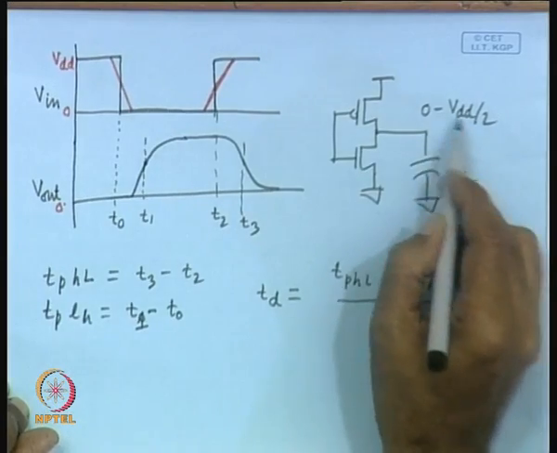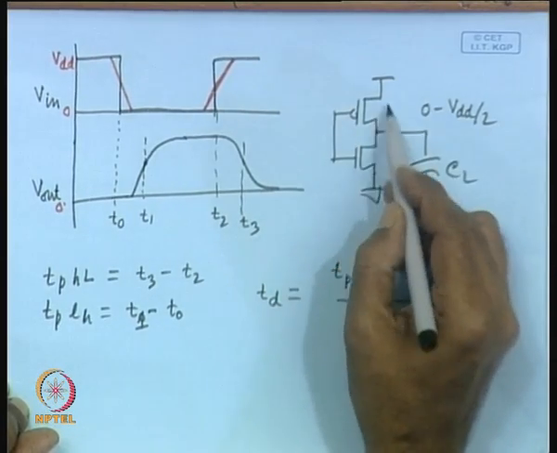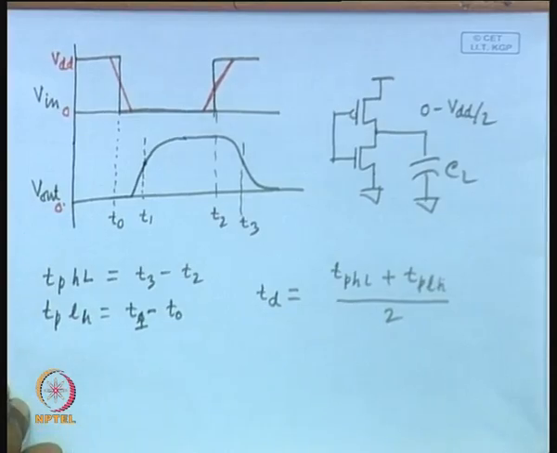Since it is varying up to VDD by 2, we may assume that this transistor is in saturation, and as you know, when a transistor is in saturation, the current remains constant, and that is the reason why the pull up device has been approximated as a constant current source in this particular case.